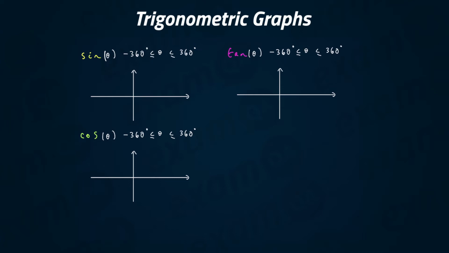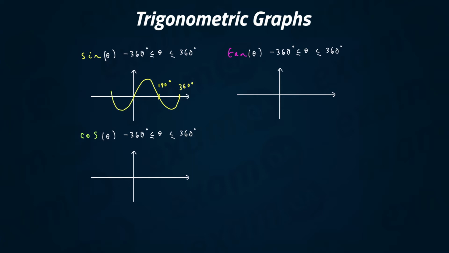So sine theta, what does that look like? It starts from 0 and it has this shape. It goes up and then down and then back up. It goes through at 180 degrees and it ends at 360. And then towards the negative x-axis, you just carry on the graph basically.